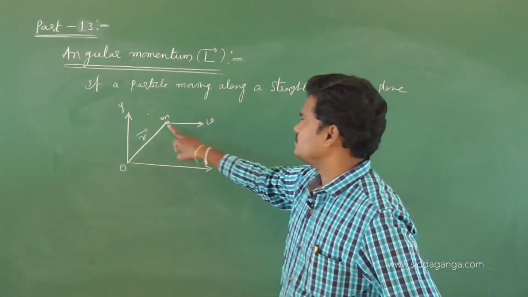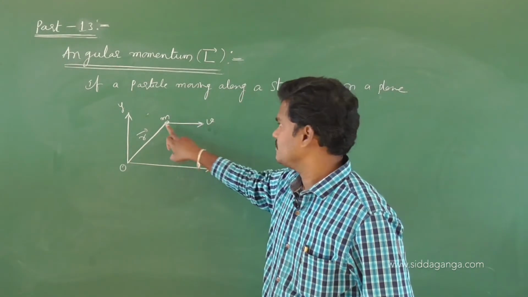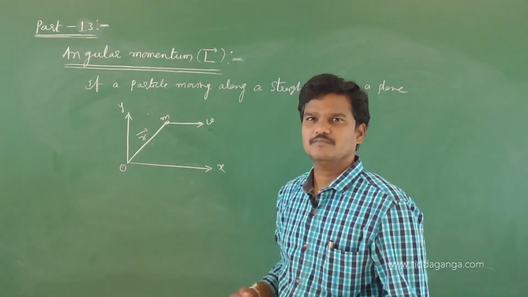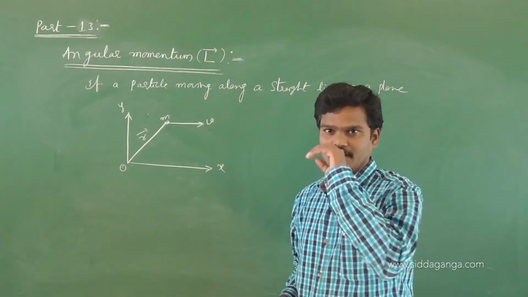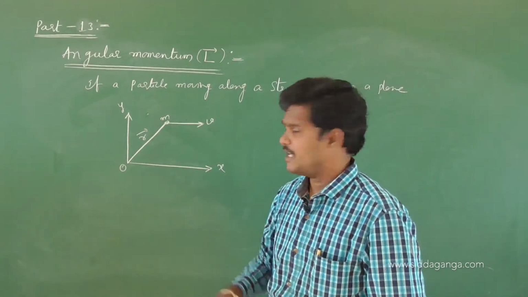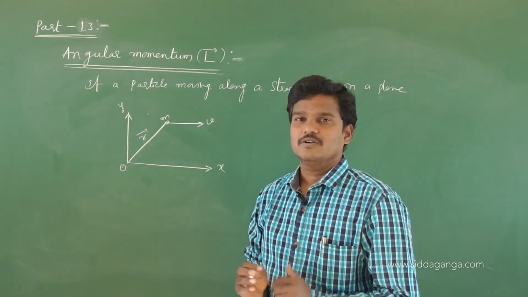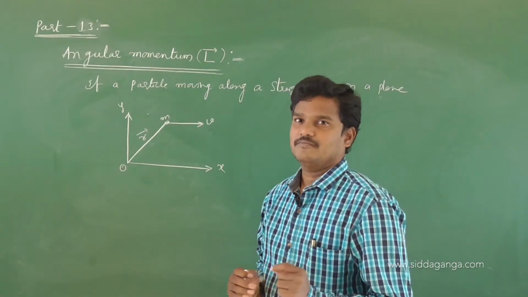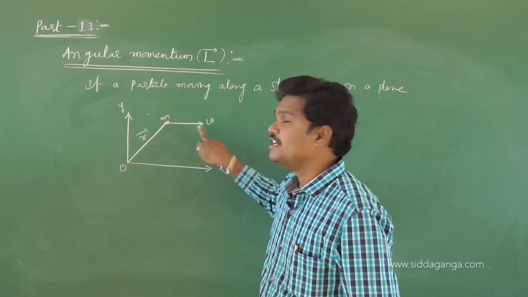Once the particle is moving in the xy plane, it has linear momentum, the product of mass and velocity. The angular momentum about O we can define as the vector product of position vector and linear momentum.